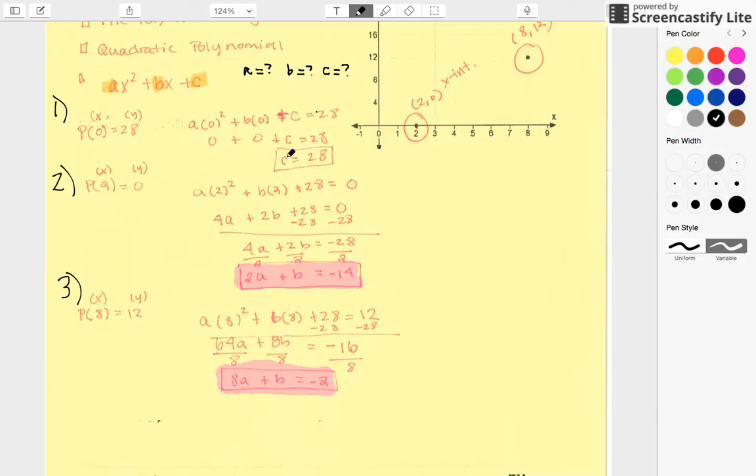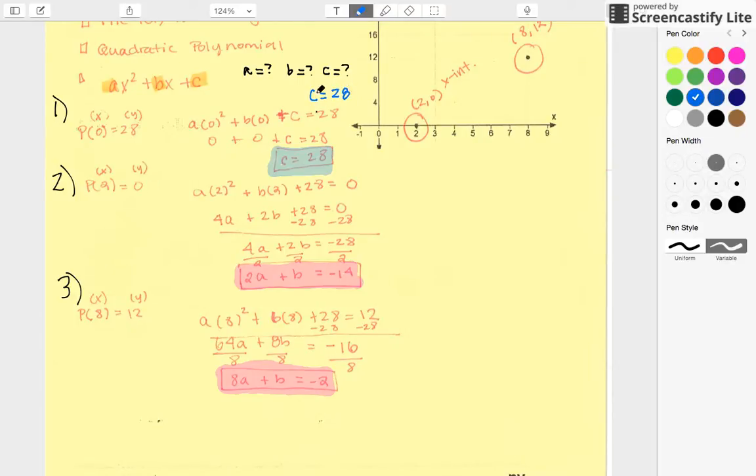But in this case, we found our c already, and that was with this one here. We found out that c is equal to 28. So we found out one clue already for figuring out what our equation looks like. So we have c equals 28.